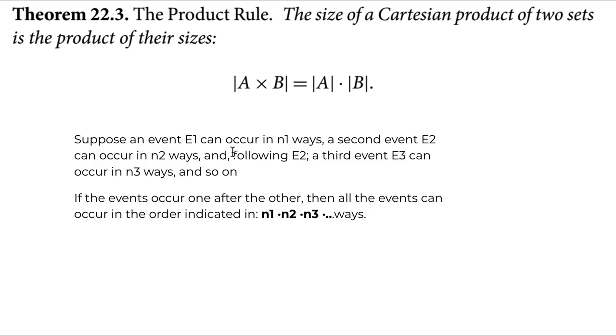So suppose I eat breakfast in three ways. I can have oats, I can have cereals, or I can have pudding in the morning. In the afternoon, I can have pizza, I can have a sandwich, or I can have a pasta dish.